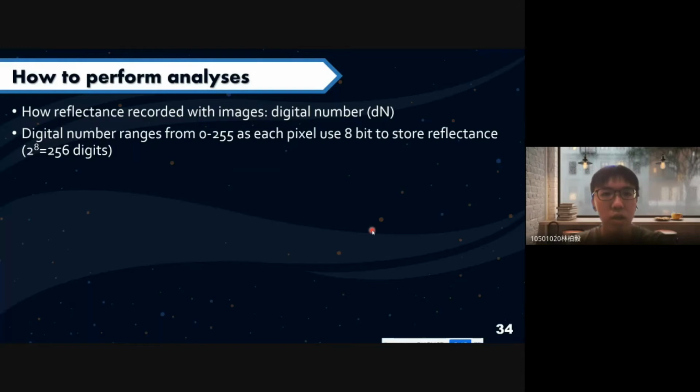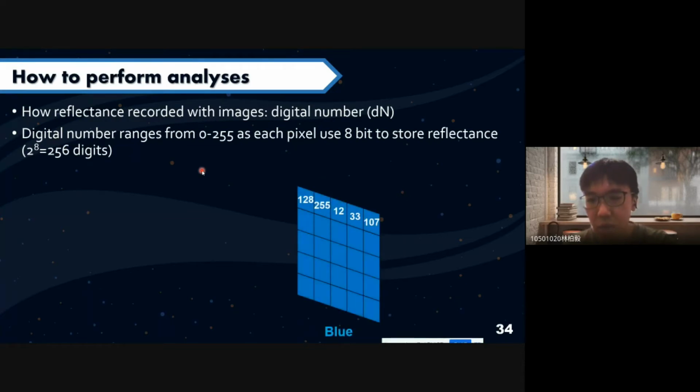The digital number ranges from 0 to 255 because each pixel is stored by 8 bits of the reflectance. Which means that we have 256 digits, so the number will range from 0 to 255.